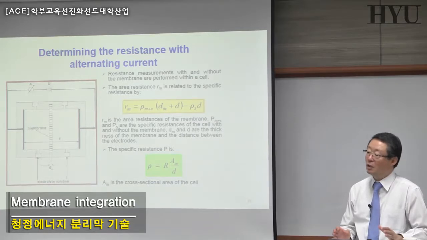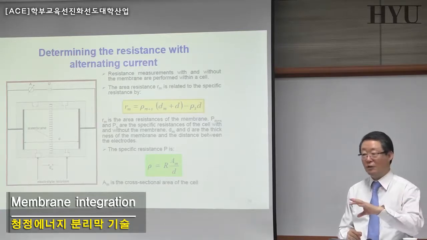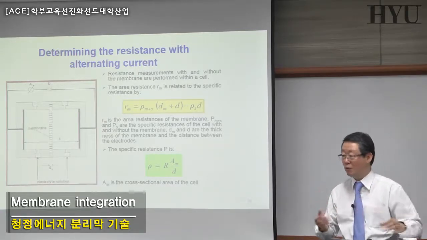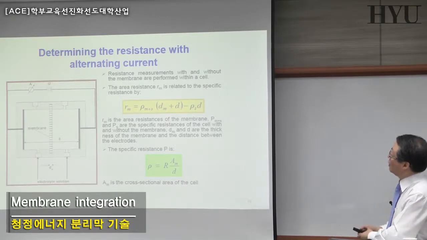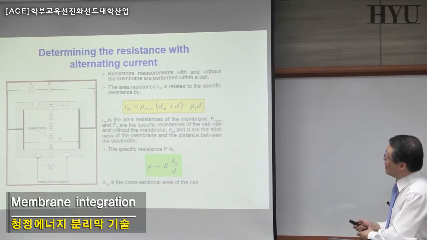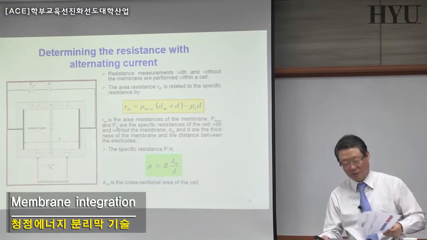If you are under direct current, that is the case, but if you have an alternating current, then you have to correct some portions. Resistance measurement with and without the membrane can be performed in the cell, of course.